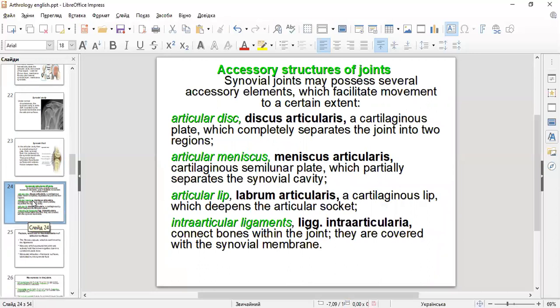Accessory structures of joints. Synovial joints may possess several accessory elements, which facilitate movement to a certain extent.